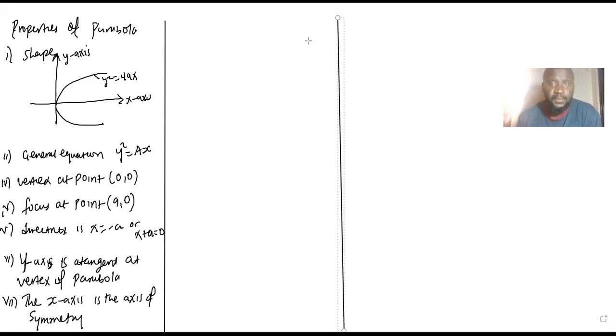Then also, 8, we can talk about what we call the latus rectum.